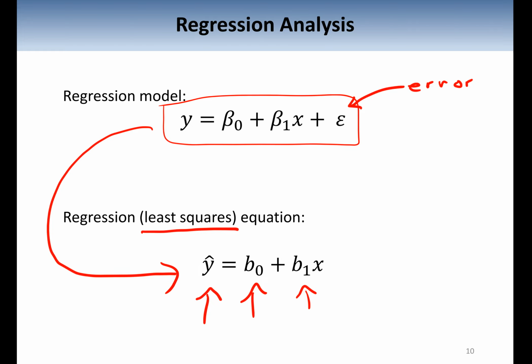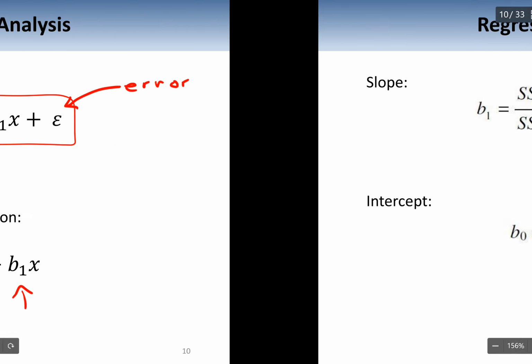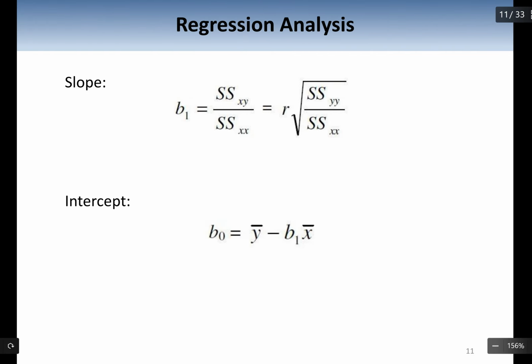So we have our least squares regression line, and what we need to do to get those values is to calculate the slope and intercept. And here's how we do that. We have our slope, b1, and it's expressed in terms of new notation, sum of squares of xy and sum of squares xx, or SSxy, SSxx, and we'll get to those in a moment.